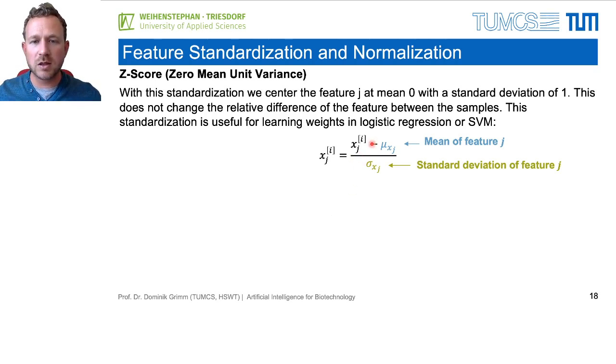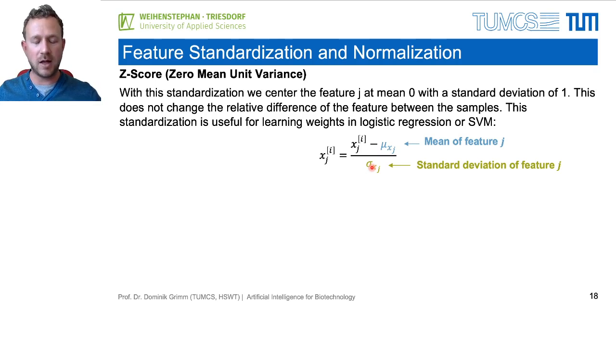So what we do here is we subtract from this element here the mean of the feature j. So we take the full column, compute the mean, we subtract the mean, and we divide by the standard deviation. And that leads then to a mean that is 0 and to a standard deviation that is 1.